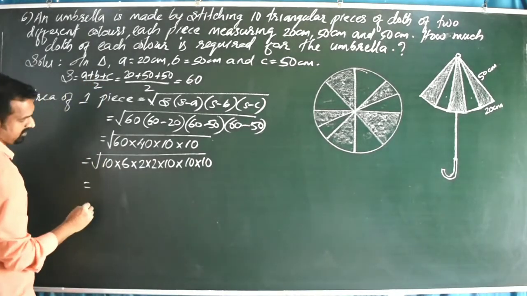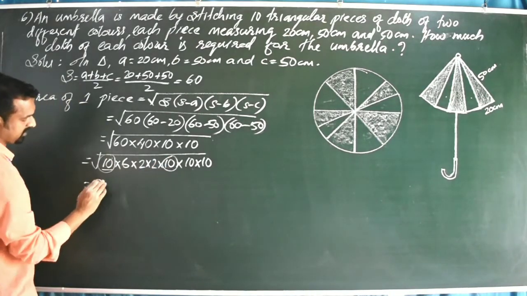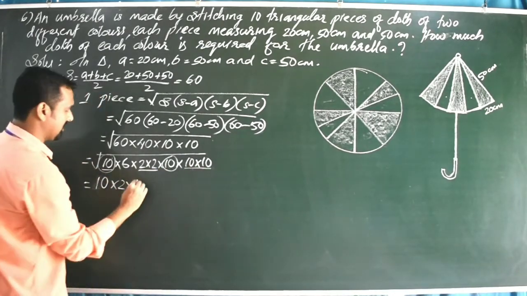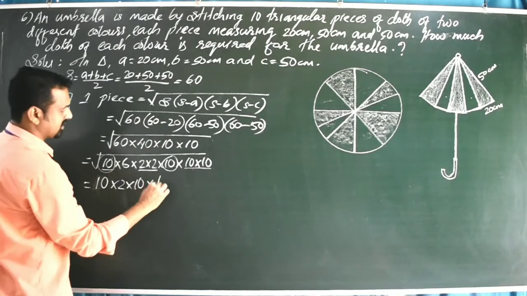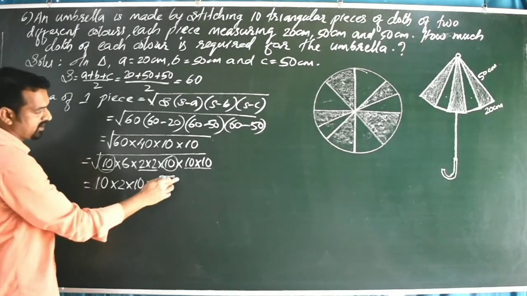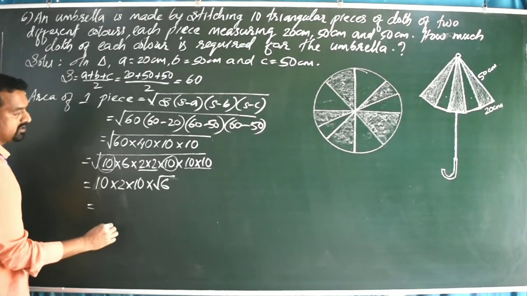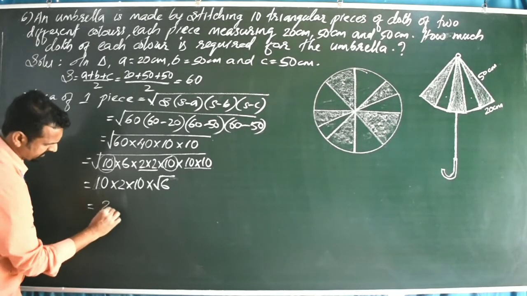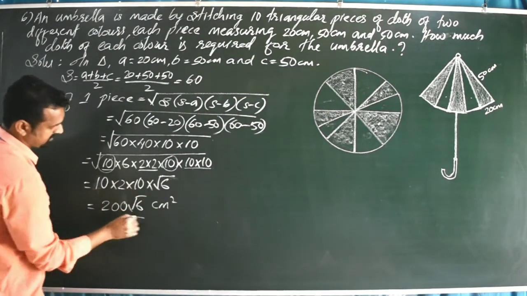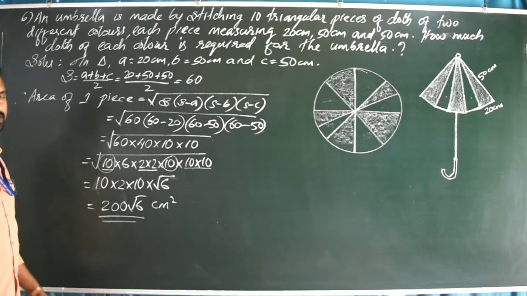Now we can take out equal factors: 10 into 10, we can take out common factor, 10 into 2 into 10 into root 6. 6 is 2 into 3, we cannot take out equal factors, so we will write root 6 only. 10 into 10 is 100, 100 into 2, that is 200 root 6 centimeter square. That is the area of one piece. Area of one piece is equal to 200 root 6 centimeter square.